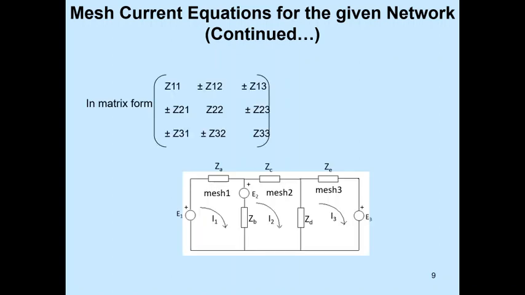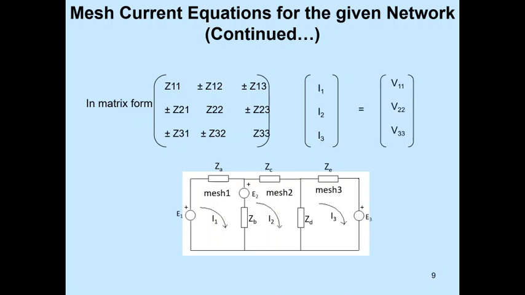Now in matrix form, Z11, Z12, Z13, Z21, Z22, Z23 and Z31, Z32, Z33 are the coefficients, and the current matrix is equal to the voltage matrix.